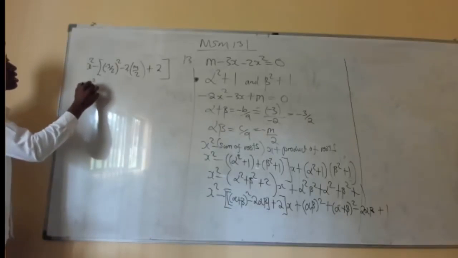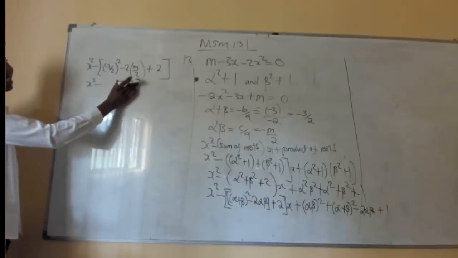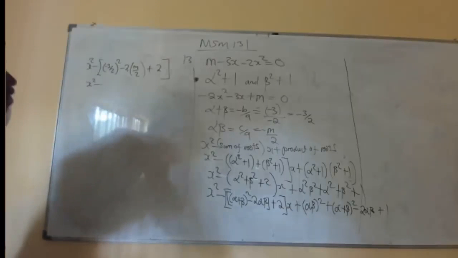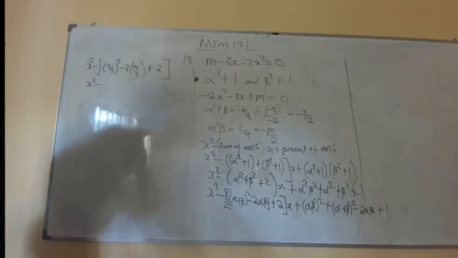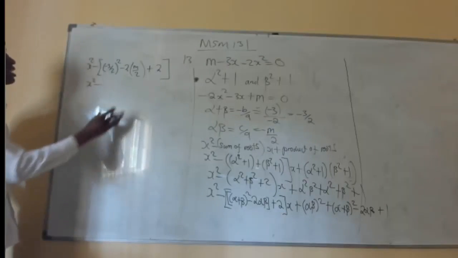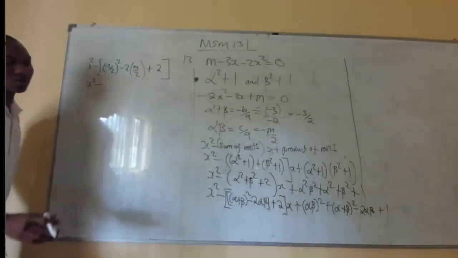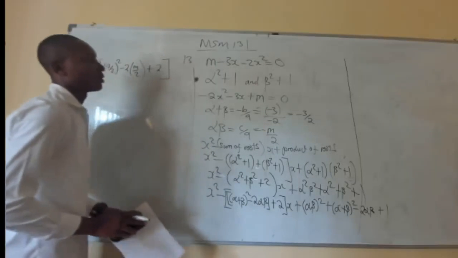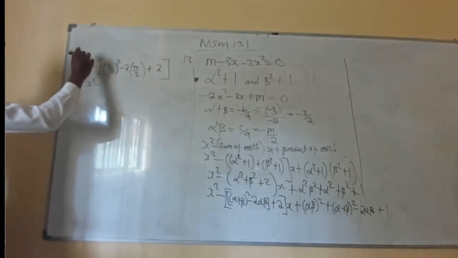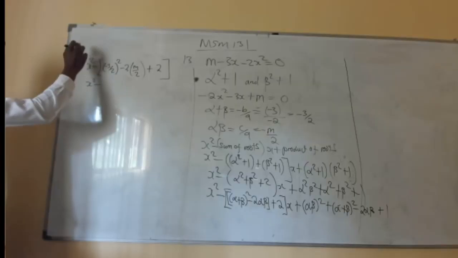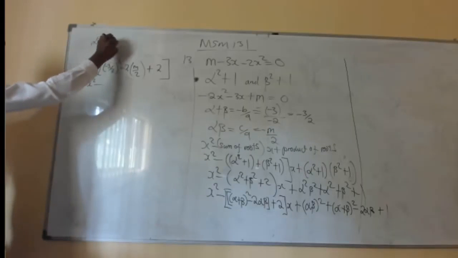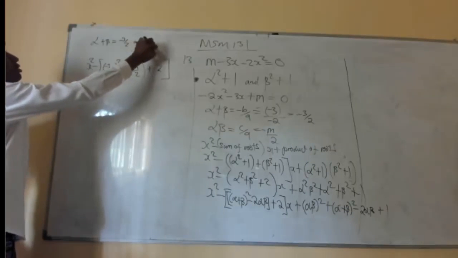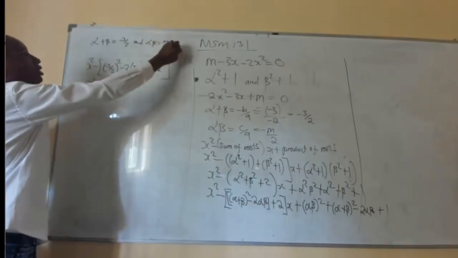So we have x squared minus, remember this is just the sum part I'm doing, the board is not enough. Okay, the board is not enough, so let's just do the sum. I'll write it here for reference. So we're saying alpha plus beta is negative 3 over 2. Alpha beta is m over 2.